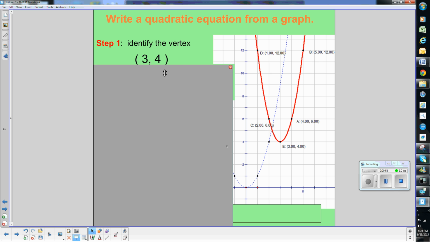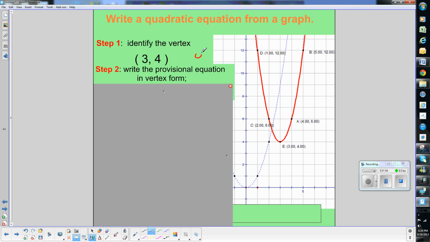Now step number 2 is write the provisional equation in vertex form. Now remember, the vertex form is y equals a times (x minus h) squared plus k.